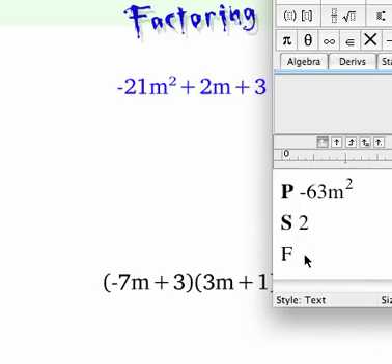So they're negative, and the larger is positive. So that means 9m and 7m, and so -7m. So they multiply to give a negative, and they add to give a positive, so the bigger of the two has to be positive.